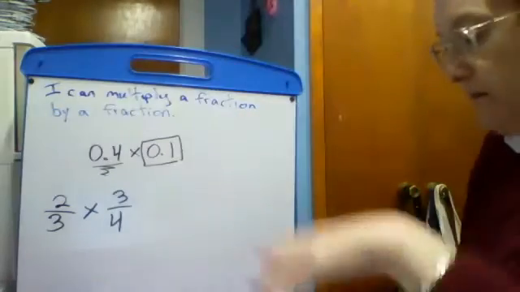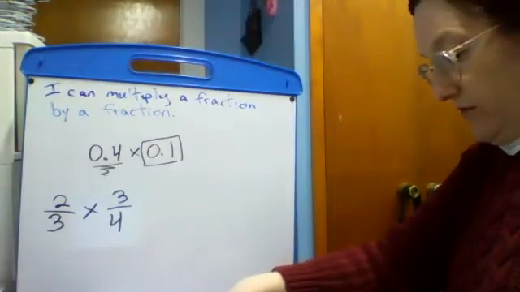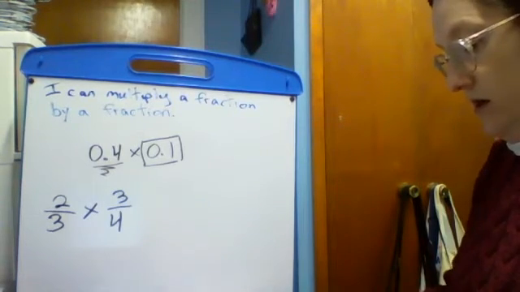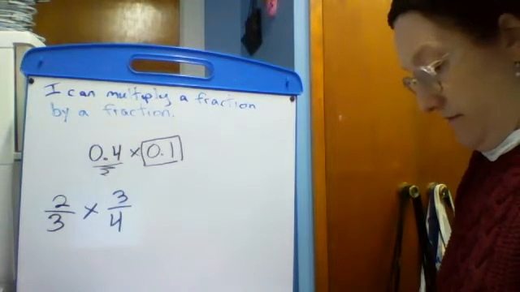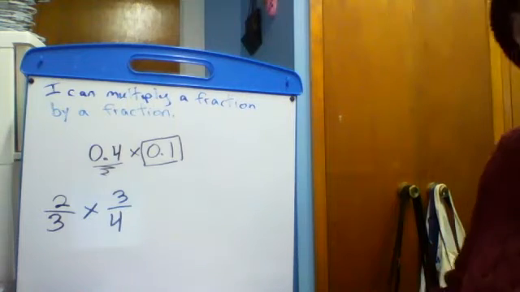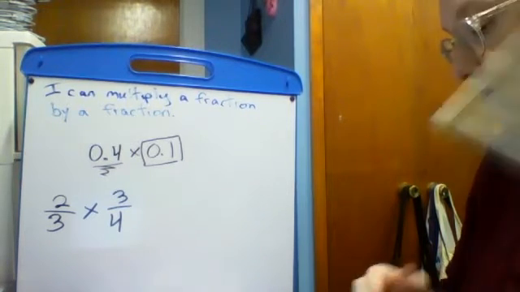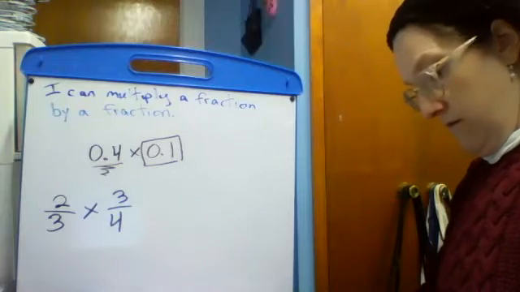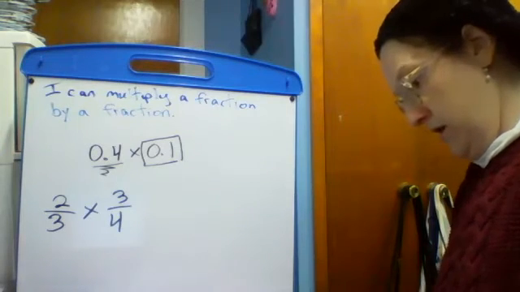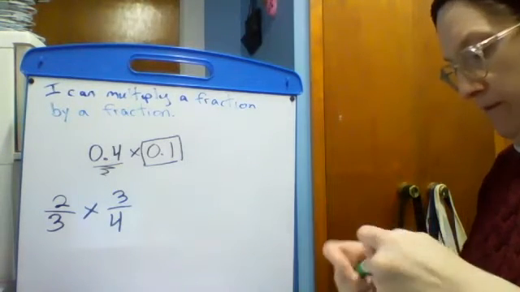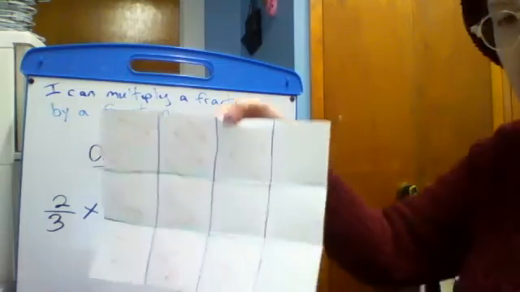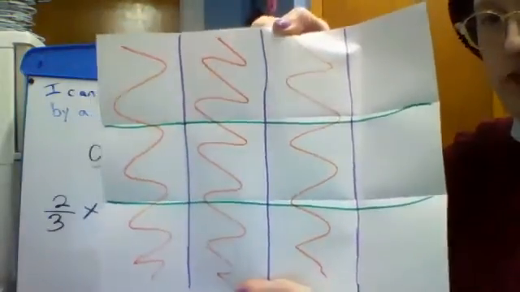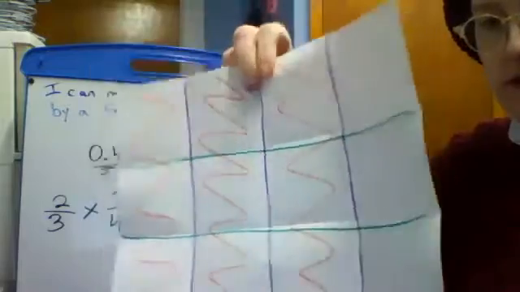I'm going to fold the paper into 3 sections. 1 and 2. I'm going to just use the marker so you can see it more clearly. 1, 2. Okay, so now I've taken my 3/4 and each fourth is broken into thirds.